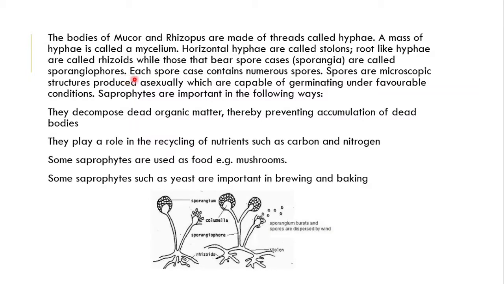You've seen these are the ones that have this case at the end. They bear these spore cases, and inside we're going to find spores. So the hyphae that bear spore cases are known as sporangiophores.